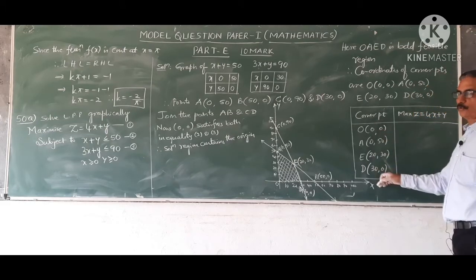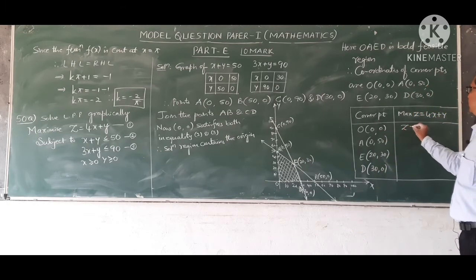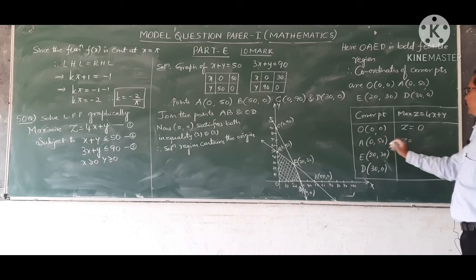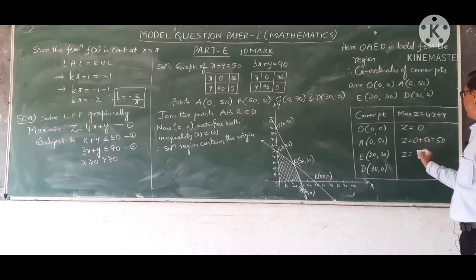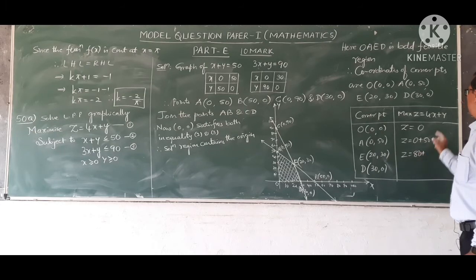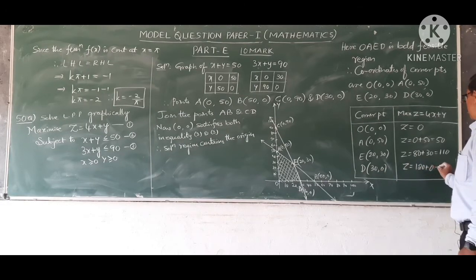Put those corner points in the objective function. Z is equal to 4 into 0 plus 0, that is 0. Z is equal to 4 into 0 plus y value 50, that is 50. Z is equal to 4 into x value 20, 80, plus y 30, that is 110. Then z is equal to 4 into 30, 120, plus 0, that is 120.